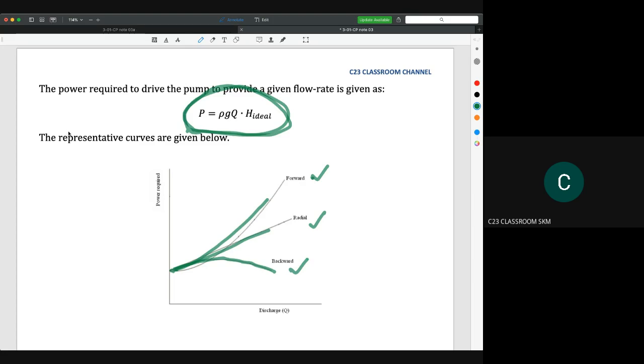So actually what I am telling you here is, if in the final exam or in test 2 you are asked to explain the difference between the three types of blade, or asked to draw the velocity triangle for each blade, for example, and then you need to explain the advantage or the disadvantage of each blade.